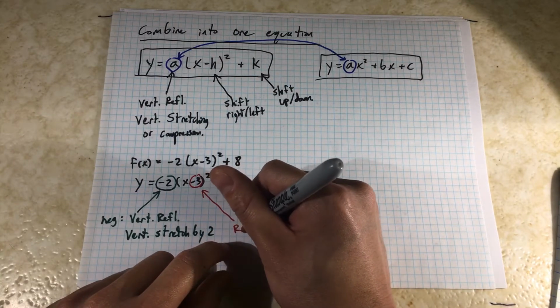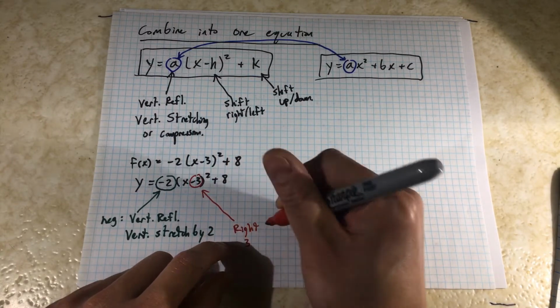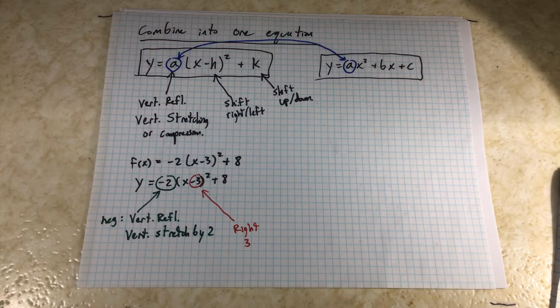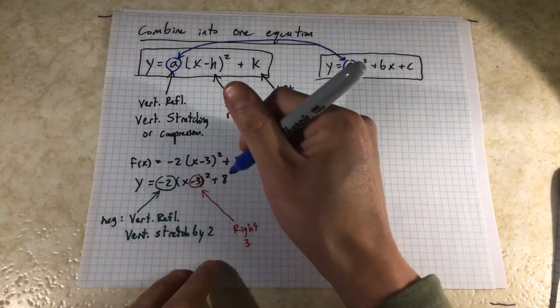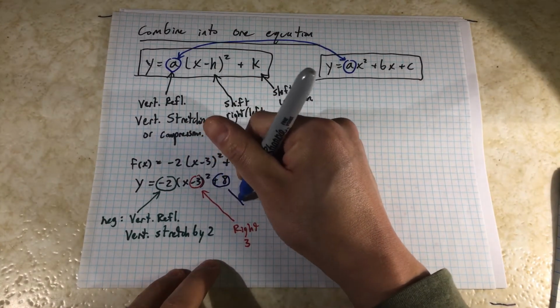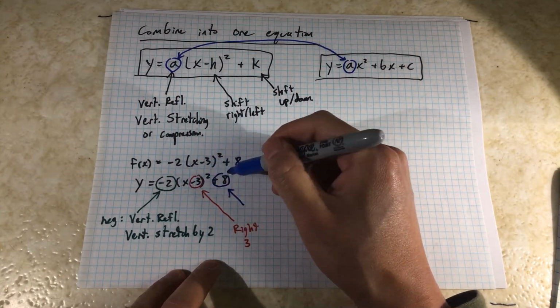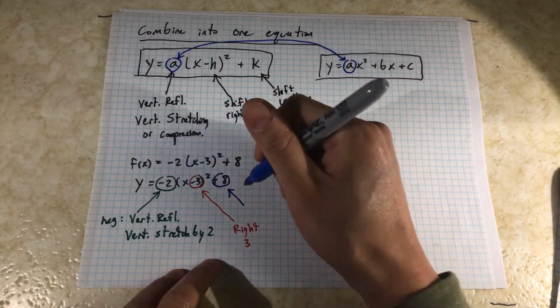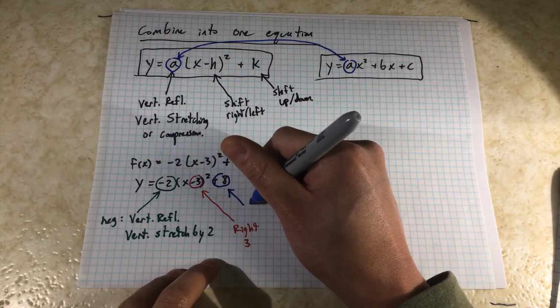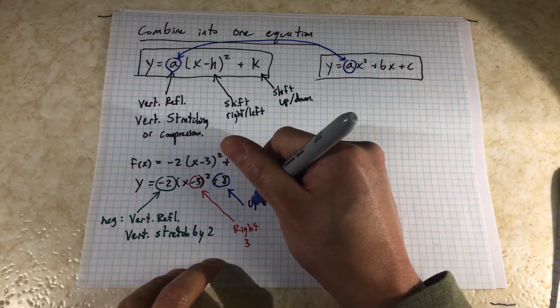So this is a shift right by 3. And then I have a positive 8 here. And that is a vertical shift, since that 8 is outside of the function, outside of the squared part. So this is going to be up 8.